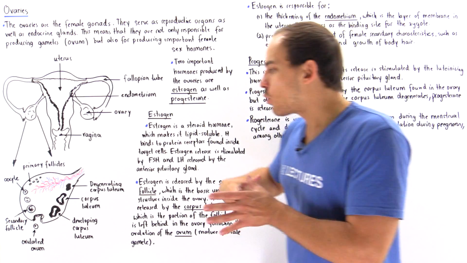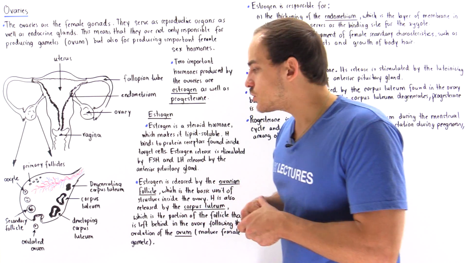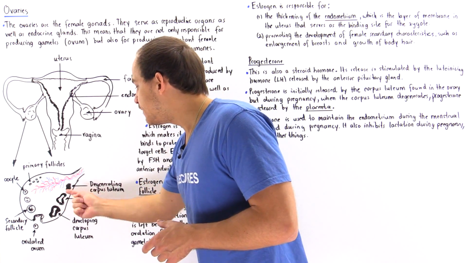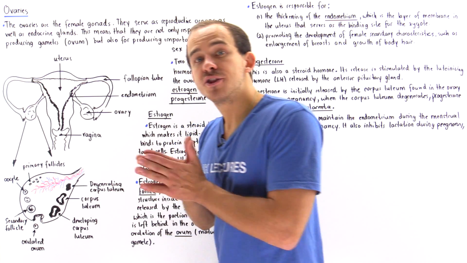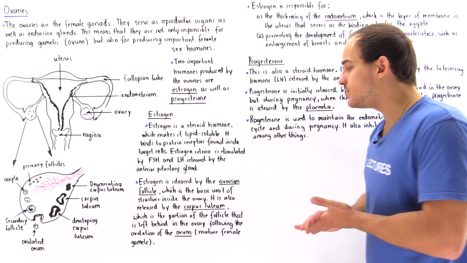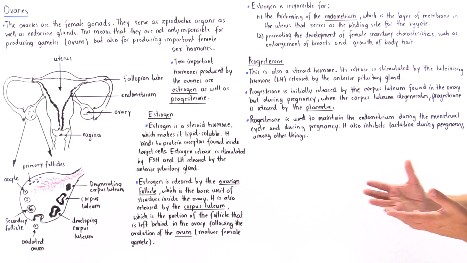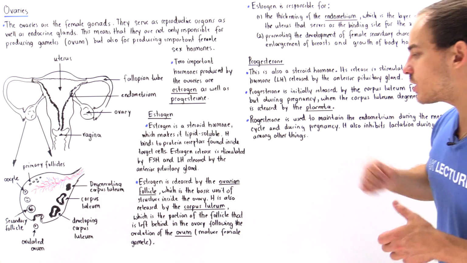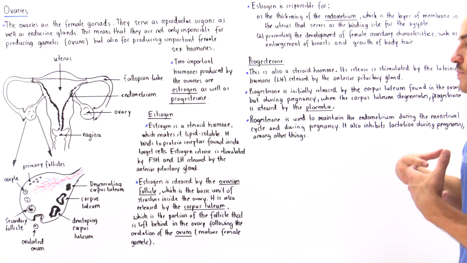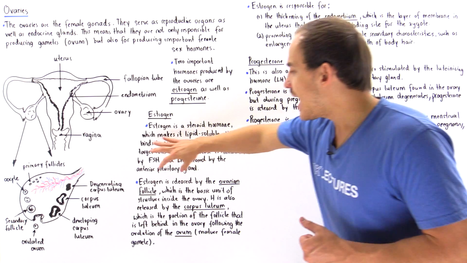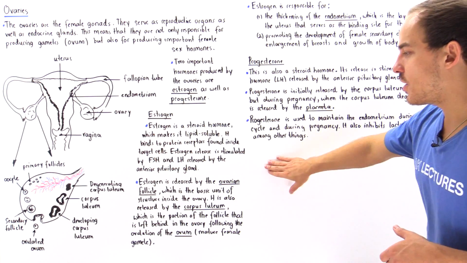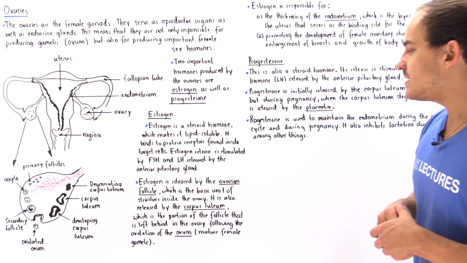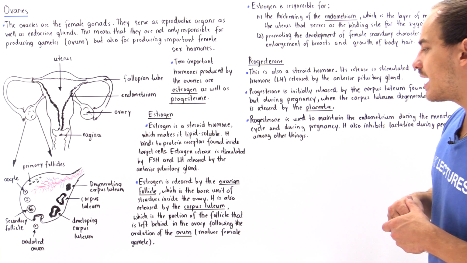Now, once our ovulation process actually takes place and we form the corpus luteum, then the corpus luteum begins to release our estrogen. So we have two structures inside our ovary that are capable of releasing our estrogen hormone. So estrogen is released by the ovarian follicle, which is the basic unit of the structure inside the ovary.